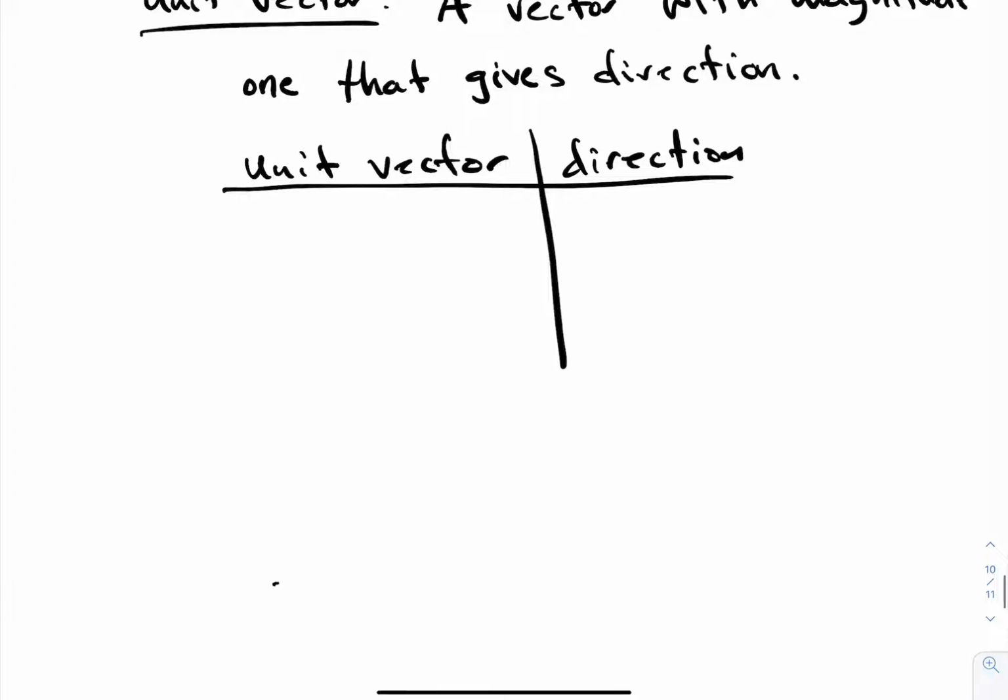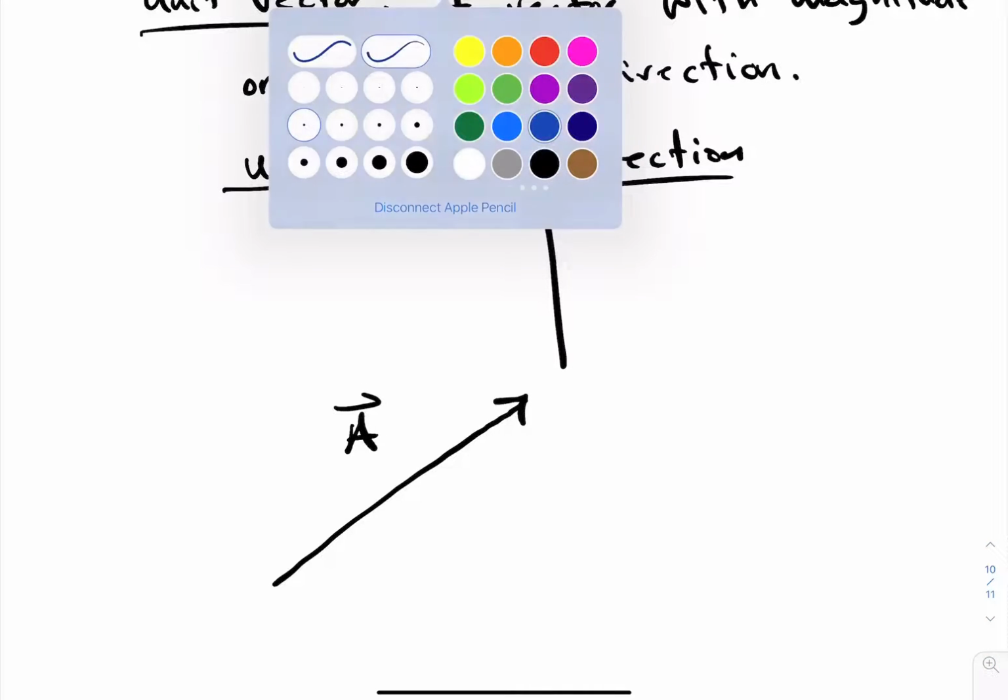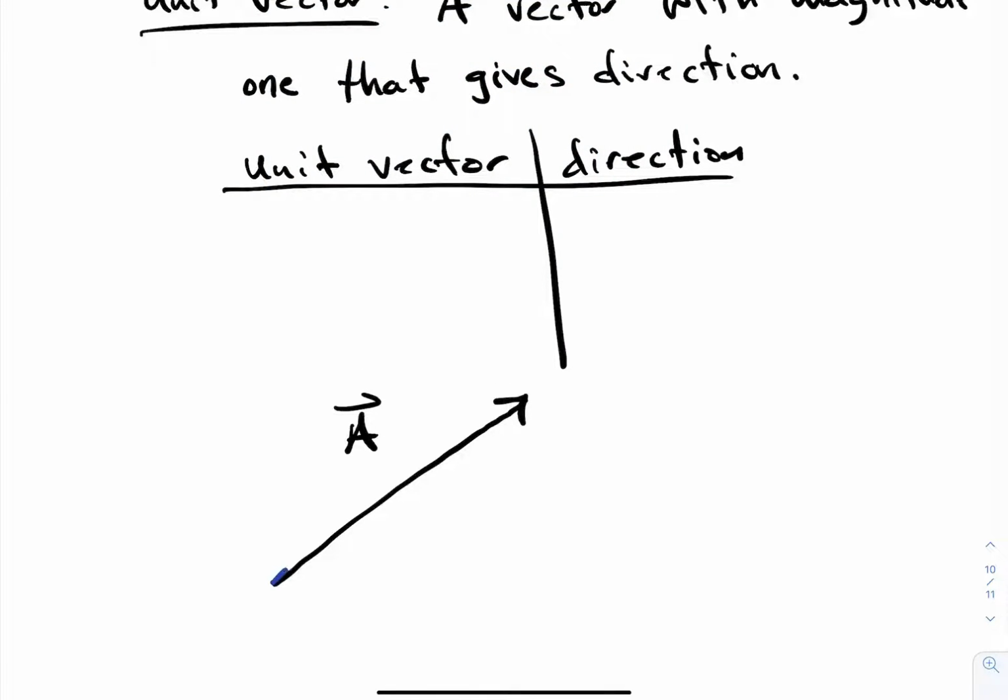So if we have A like that, there was A. Now that might be slightly off, but it doesn't matter. Our unit vector looks like this, A hat.